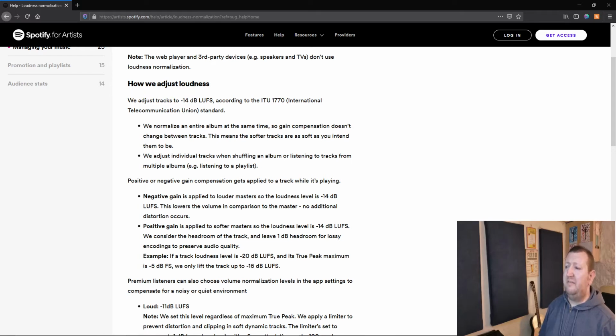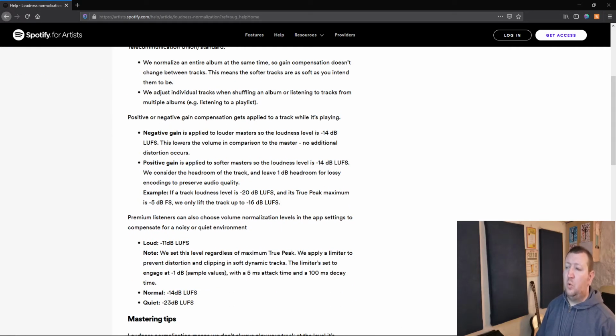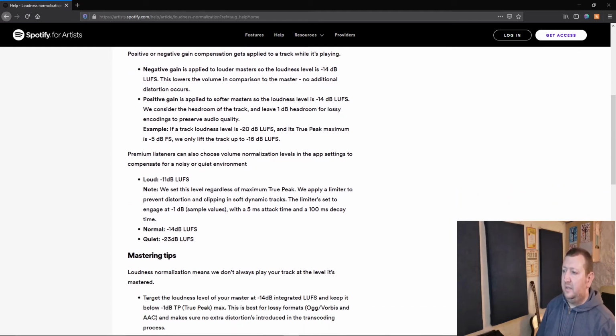But the thing that's really getting to me at the moment is this new level system. You have a loud, a normal, and a quiet level that premium listeners can choose to normalise between. And whilst I accept that that is good for the listener, I am just querying their mastering tips here. They are recommending a target of minus 14 LUFS and to keep the true peak level below -1.